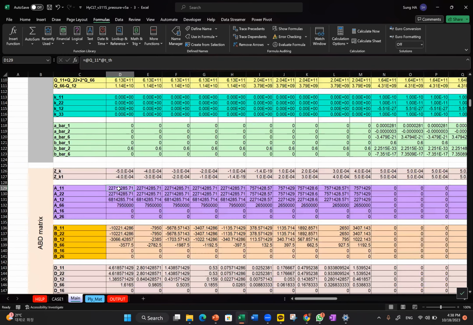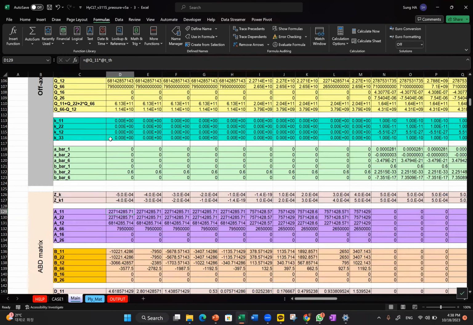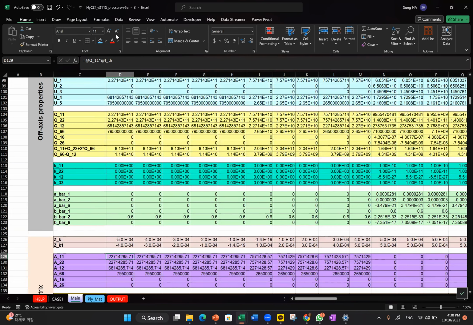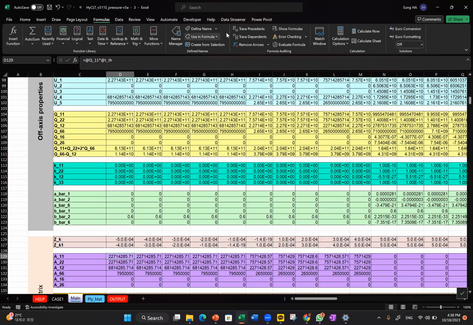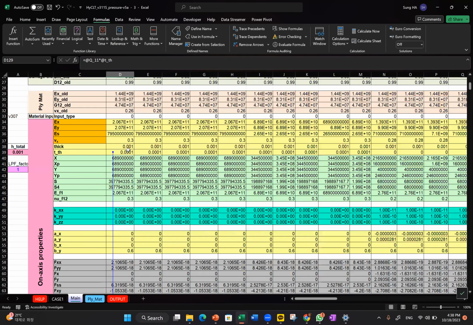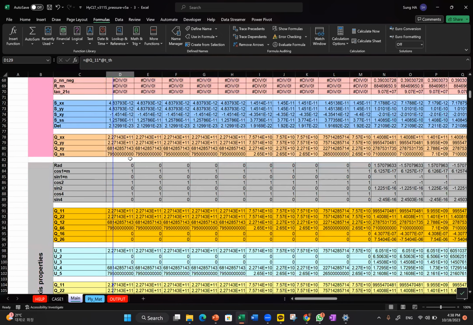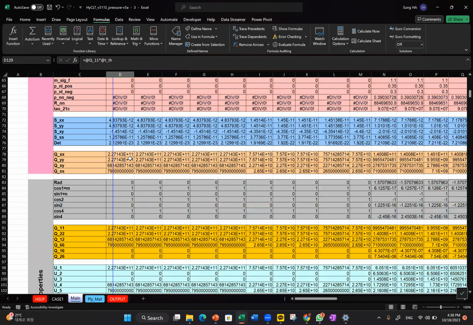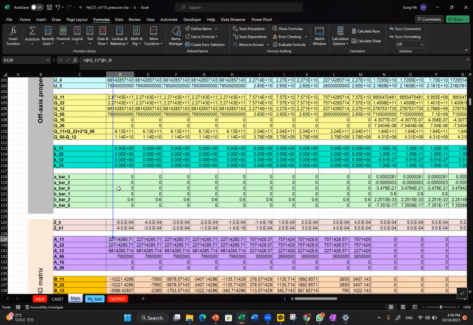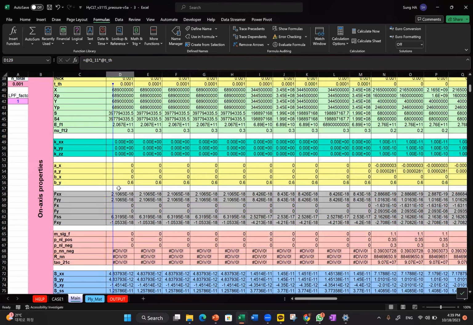And how do we calculate this? Q11, what is Q11? We don't know yet, but it is Q11 times the thickness. So this is the formula, and you can see this comes from the ply information and also some information about the stiffness.